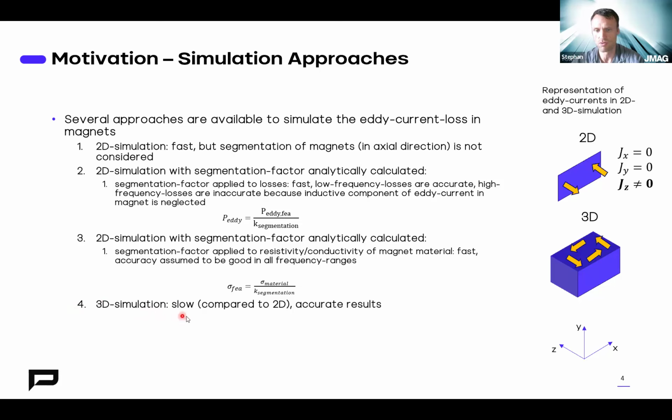Compared to the 2D variants, it's quite slow, but provides accurate results because it can really represent the current path in the magnet and can really represent the loss distribution in the magnet accurately. And the first three approaches I want to discuss now a bit.